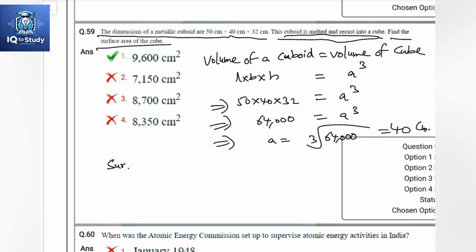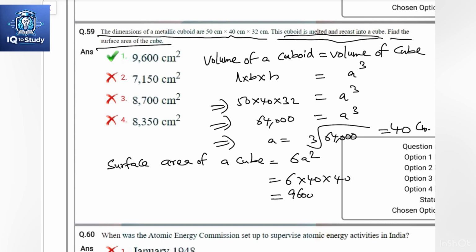Now, surface area of cube is equal to 6a square, which is equal to 6 into 40 into 40, that is equal to 9600 centimeter square, which is option number 1. Here you have to remember the formulas, which are volume of cuboid LBH, volume of cube a cube and surface area of a cube 6a square.